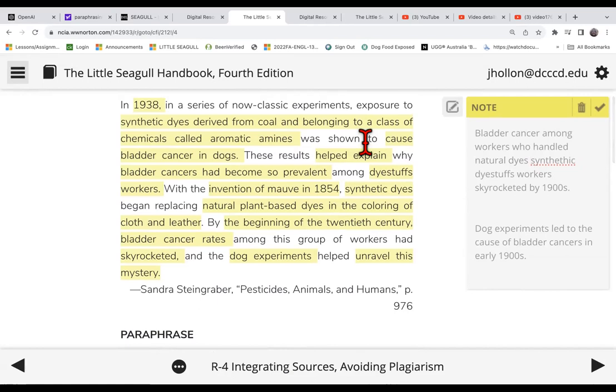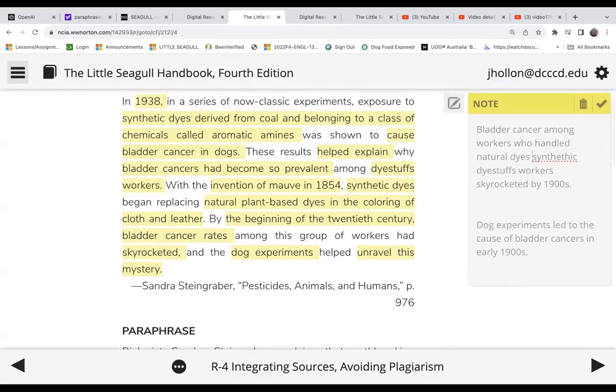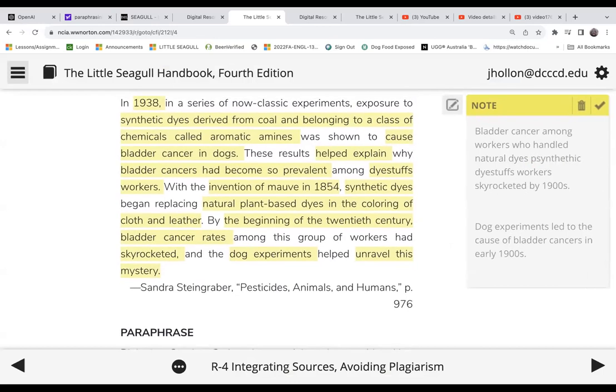Let's see, that was in 19. Okay. Prior to and during 1938, I mean, that's just logical.